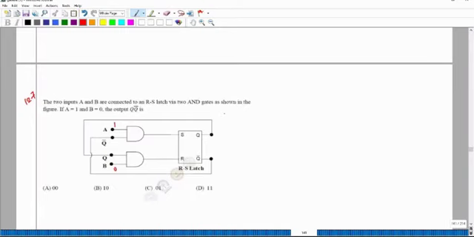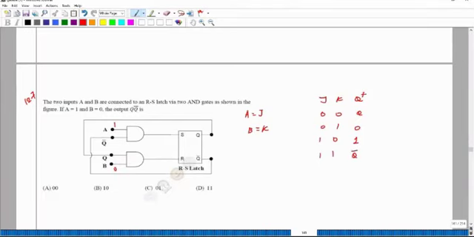I already told you here A is equal to J because J is connected to Q bar, and here B is nothing but K. So what is the characteristics table for JK flip-flop? It is 0 0, 0 1, 1 0, 1 1, with Q, 0, 1, and Q bar.